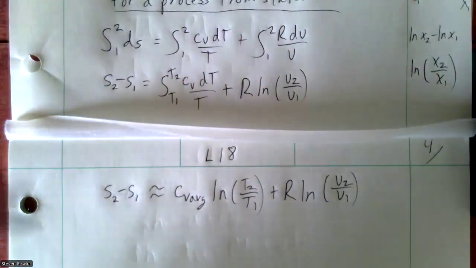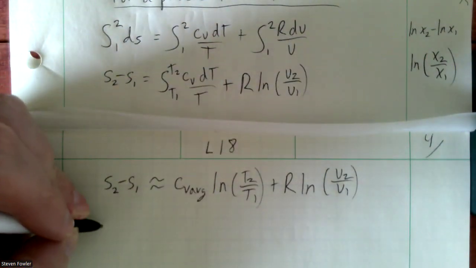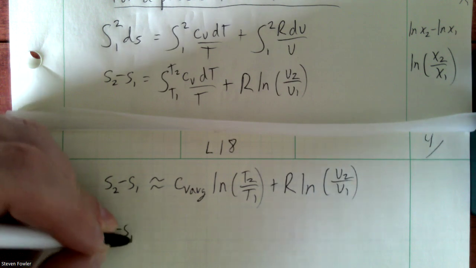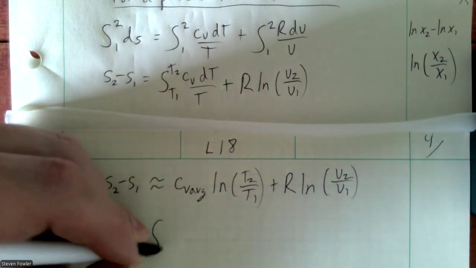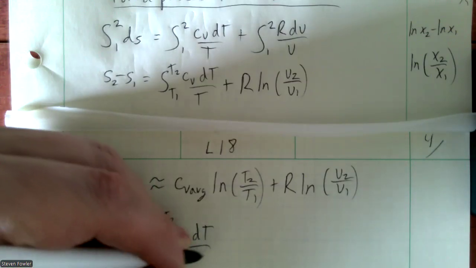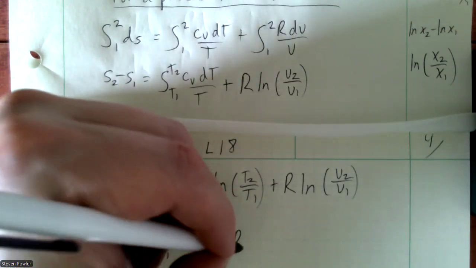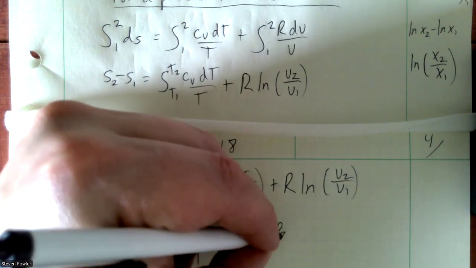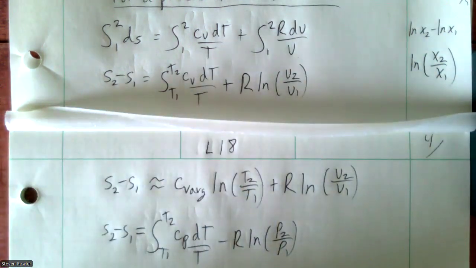I'm not going to do that with you. We could. And I could tell you, well, delta S is also equal to the integral from T1 to T2 of Cp dT over T. And this one has minus R ln ratio of pressures P2 to P1.